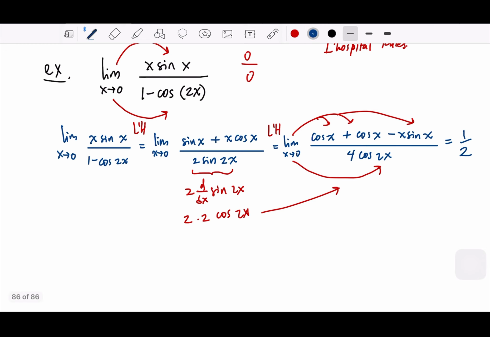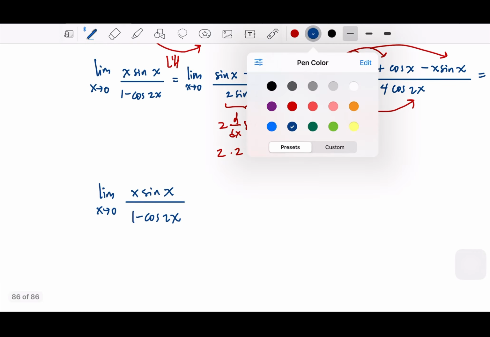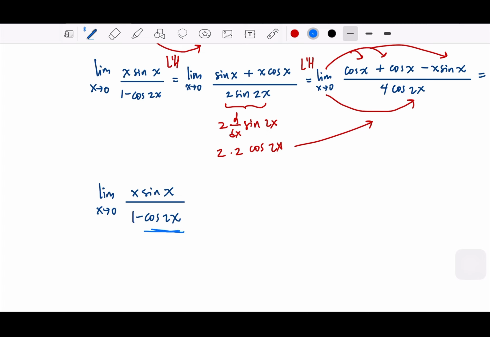Now if you see how the L'Hopital works, perhaps we can compare if we are trying to use some identity. If you check this cosine 2x, we can rewrite this as 1 minus 2 sine squared x, right?